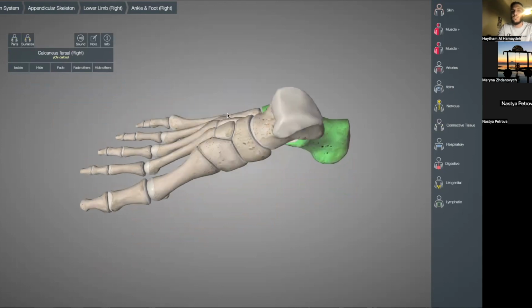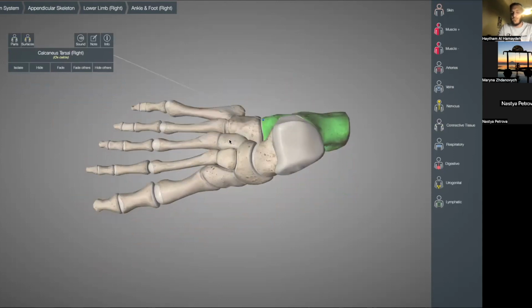So I would say, superiorly, the foot is made up of tarsals, metatarsals, and phalanges. The foot is divided into three regions: hind foot, midfoot, and forefoot. The hind foot is made up of talus and calcaneus.